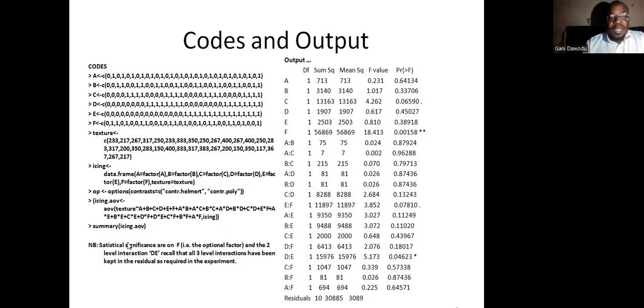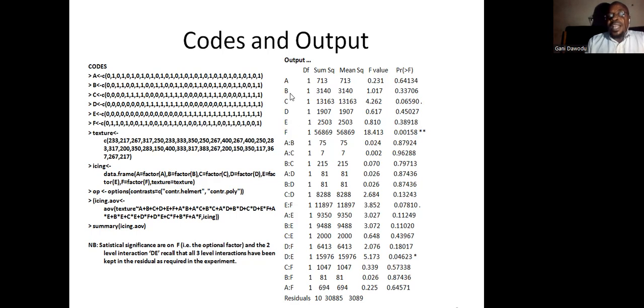Okay, we'll notice that statistical significance is on F. See, 1%. And then on the interaction. Recall that all 3 level interactions are being kept in the residual, and higher level interactions, like 4 level interactions, will have alias 2 level interactions, and all the 2 level interactions are there. Now, 5 level interaction will have alias that is the main effect.